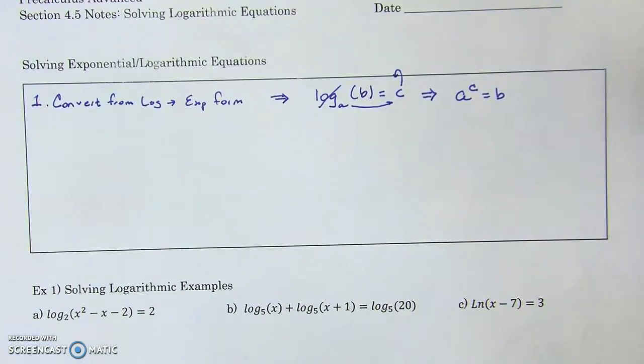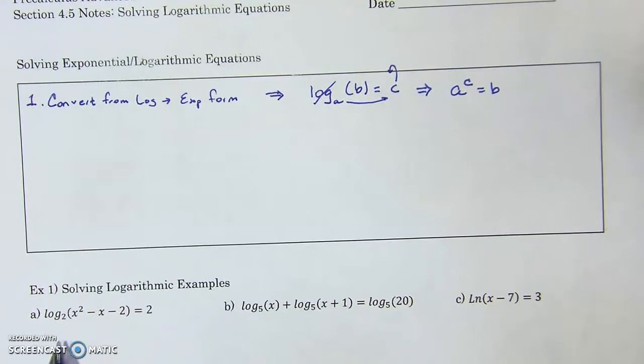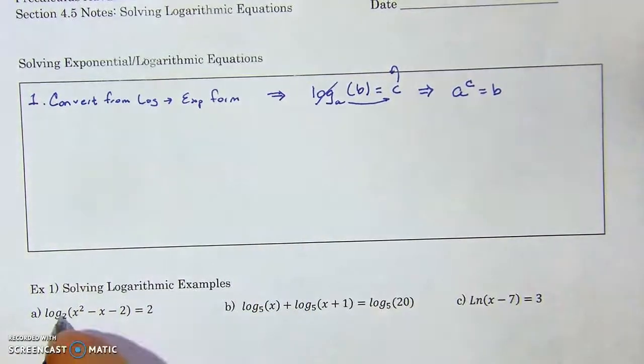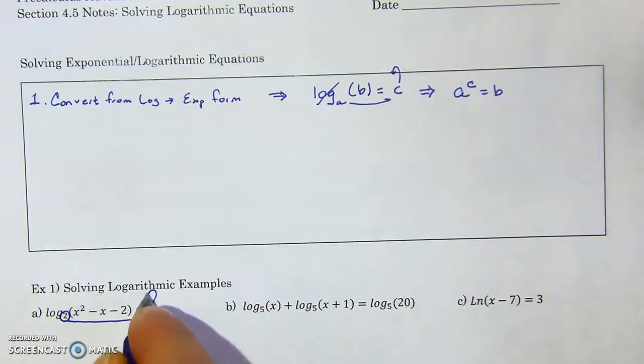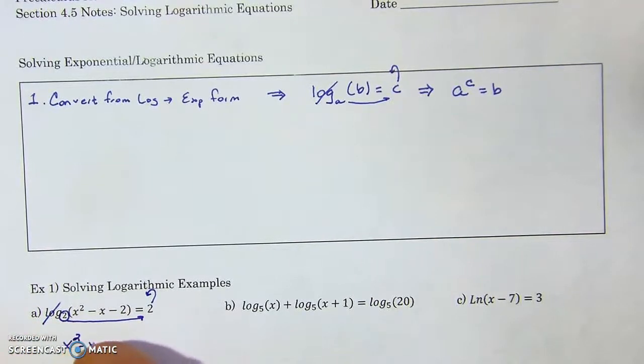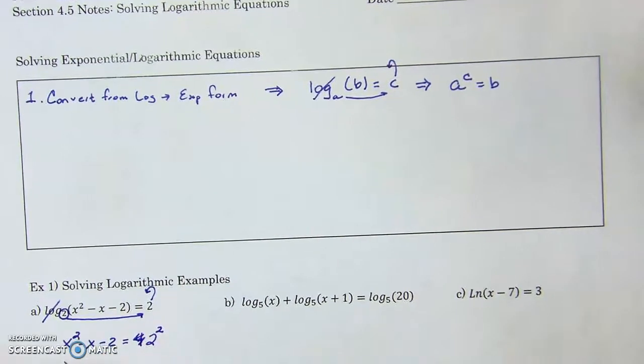Let's see how this would work in solving logarithmic example 1a. We have one logarithm set equal to a number. So let's rewrite it into exponential form. We slide the base, pop that constant up into an exponent, and we get to drop the log. Then we take this final step, 2 squared is 4.